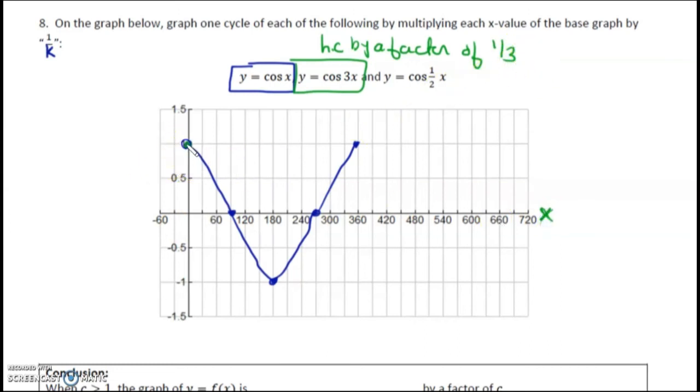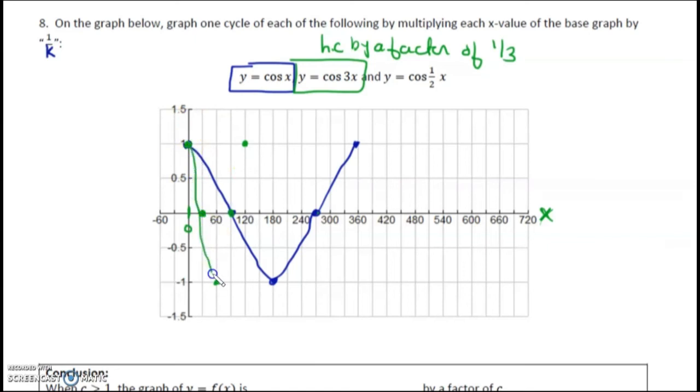The first one stays as it is because it's plotted at 0. 90 divided by 3 is 30. 180 divided by 3 is 60. 270 divided by 3, I'm just double checking, is 90, and I'm assuming that's 120.